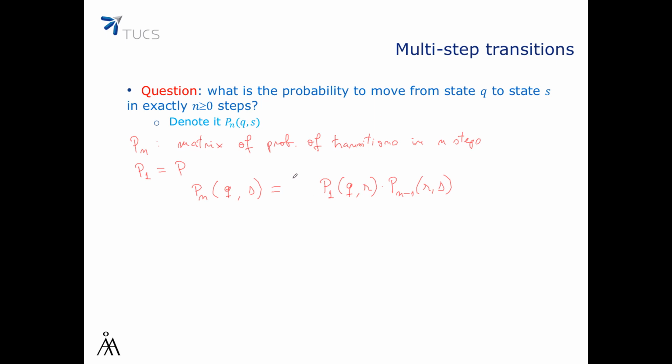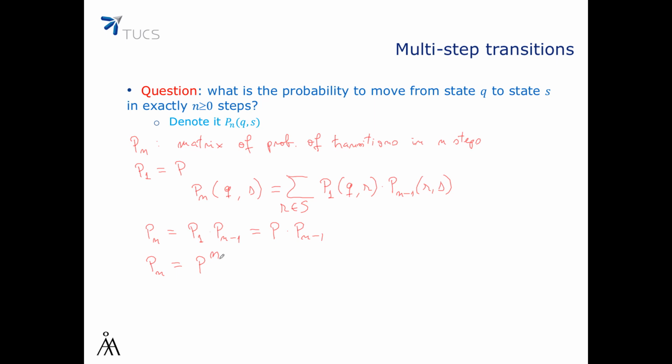And since r can be any of the states of the Markov chain, I will have to sum over r being anywhere in the set S. And obviously this means that Pn is equal to P1 times Pn minus 1, and because P1 is P, this is P times Pn minus 1. And by iterating this scheme, we get that Pn equals P to the power n.